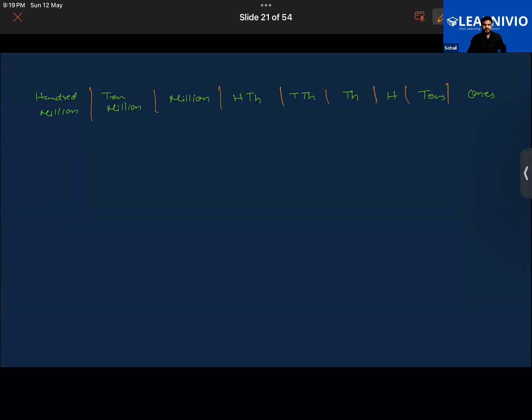So let's understand how we write the numbers using the international numeral system. For example, I ask you to write the numbers in the international numeral system. You have a number like this: 584653732. How do you write it in the international numeral system?